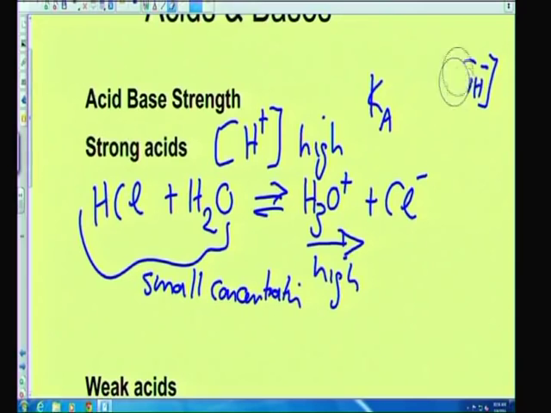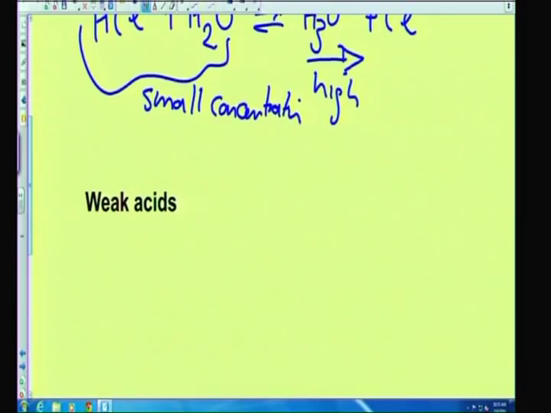It's according to the reaction that we've got. The Ka value here is going to be a higher value. So the Ka is high. Okay? The Ka is telling us the hydrogen ion concentration is high. It's not going to be a small value. When we talk about weak acids, then the opposite happens.